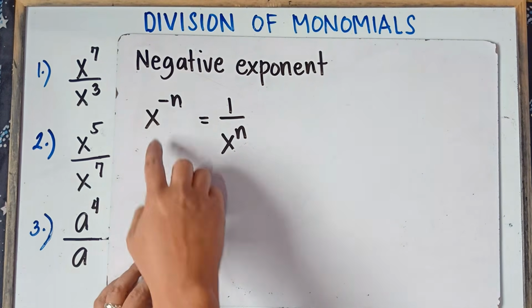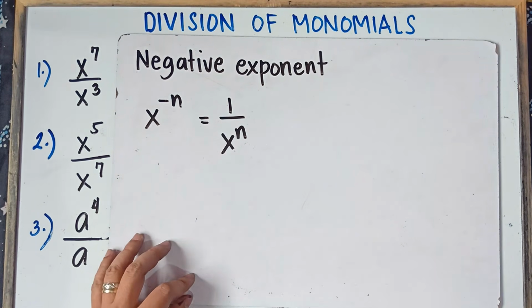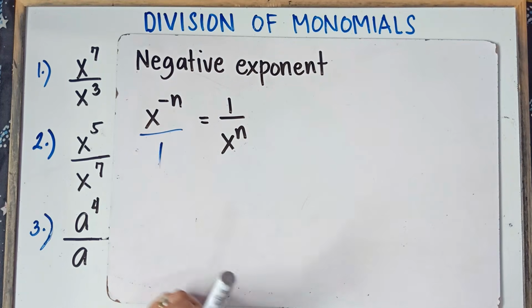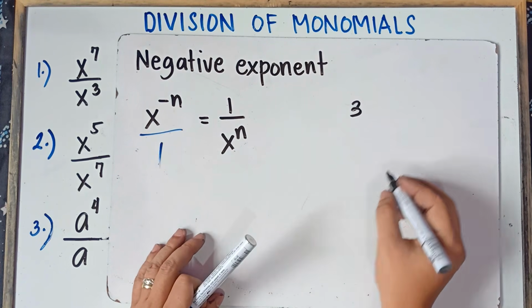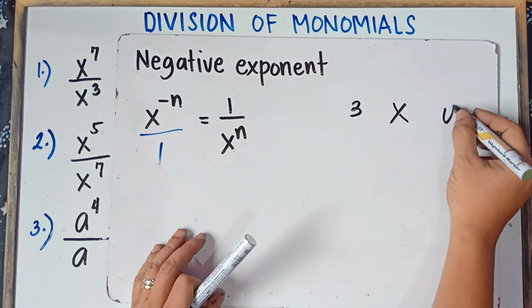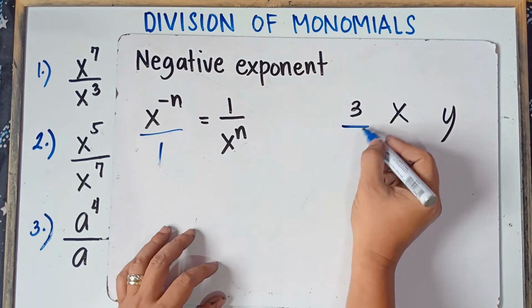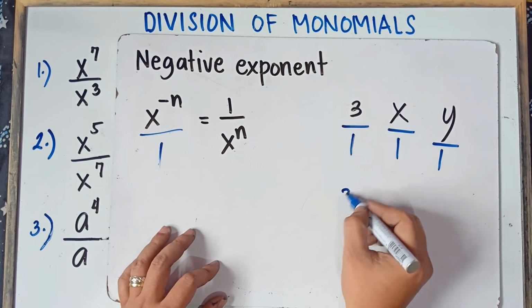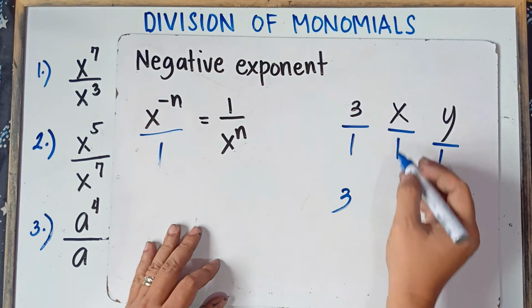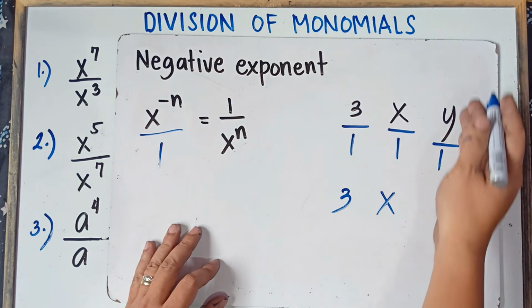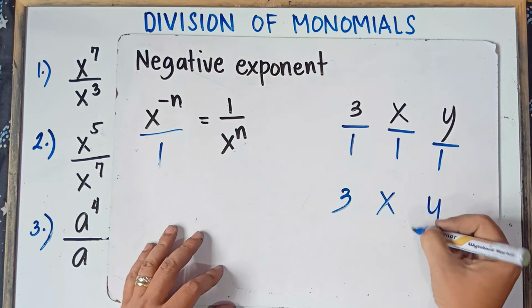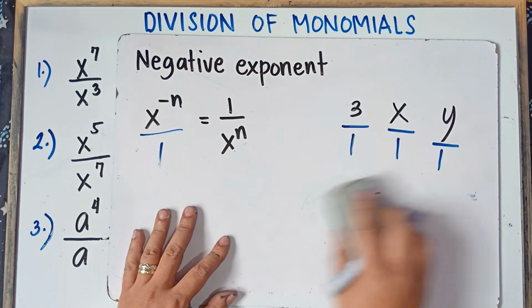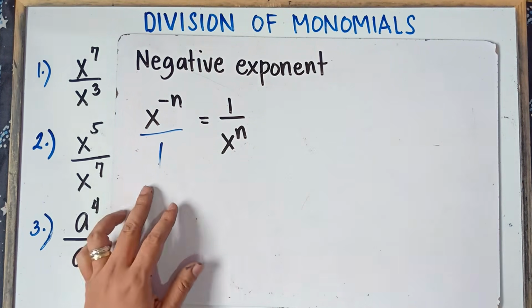So once again, x raised to the power of negative n, understood that there's a 1 here. Any number or any variable, x or y, understood that there is a denominator of 1. 3 over 1 is the same as 3. x over 1 is the same as x. y over 1 is the same as y.